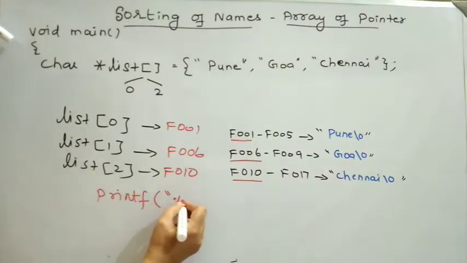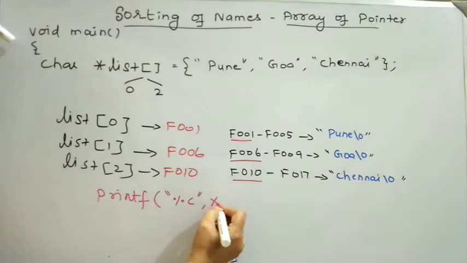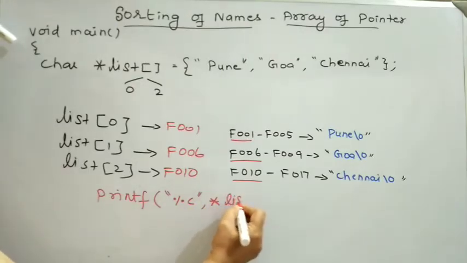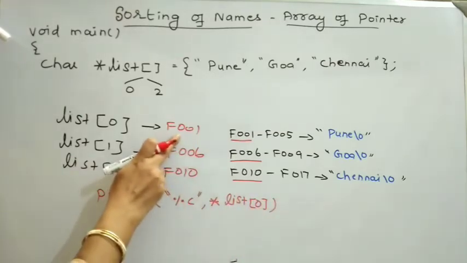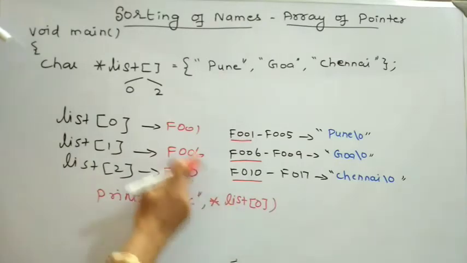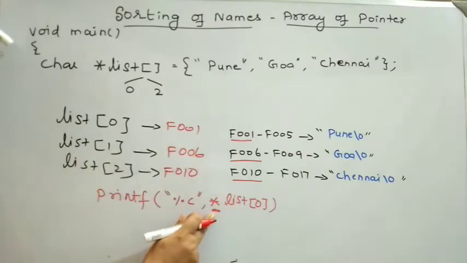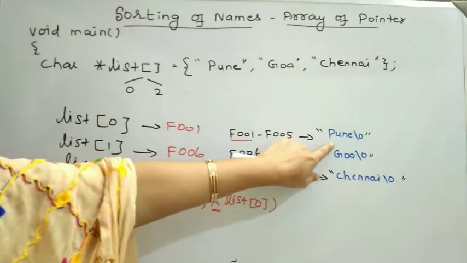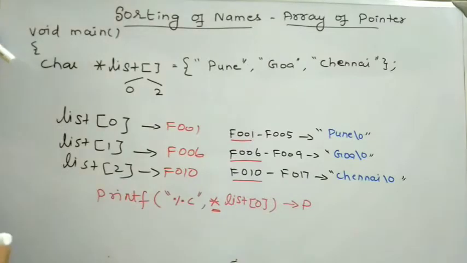If I use %c and then the content of list[0], list[0] contains the base address F001. From the base address F001, the indirection operator will fetch the content, that is P. Since I used %c, it prints the value P.